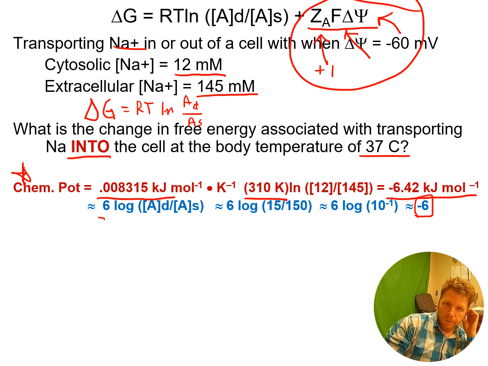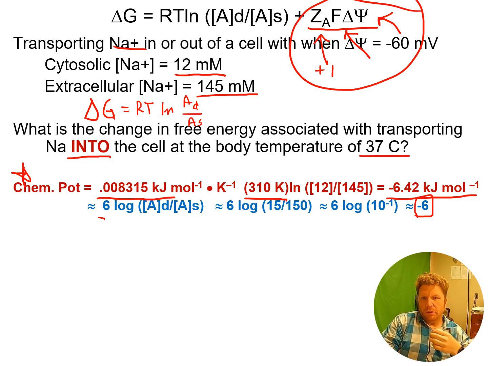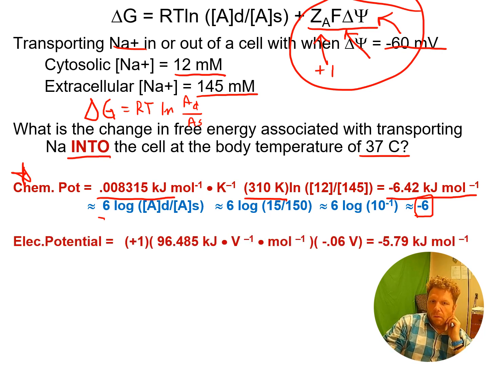Now, the other part of our calculation, we've got our negative 60 millivolts and our delta psi, which is listed typically in kilojoules, so we've got to figure out a way to reconcile our values. It's kilojoules per volt.